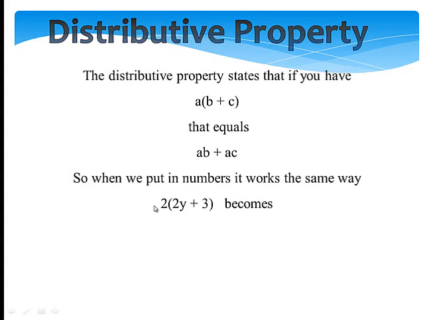For example, if I had 2 times 2y plus 3, I would do 2 times 2y, which would be 4y, plus 2 times 3, which is 6.